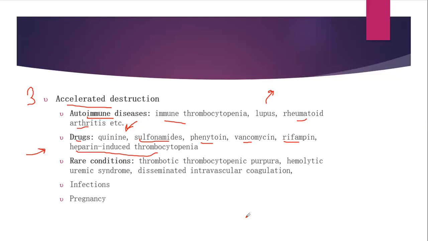And then due to some rare conditions like thrombotic thrombocytopenic purpura, and some hemolytic uremic syndromes or DIC, that is disseminated intravascular coagulopathy, in which abnormal small clots form in the normal blood circulation, and due to these small clots the amount of platelets is decreased, and this may cause thrombocytopenia, and also due to some infections or even pregnancy.